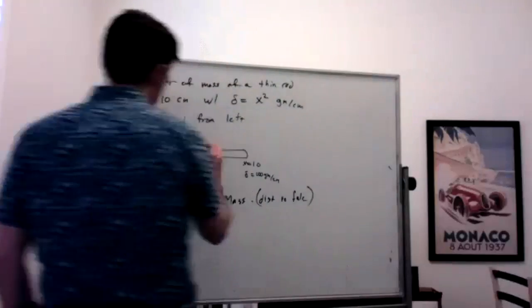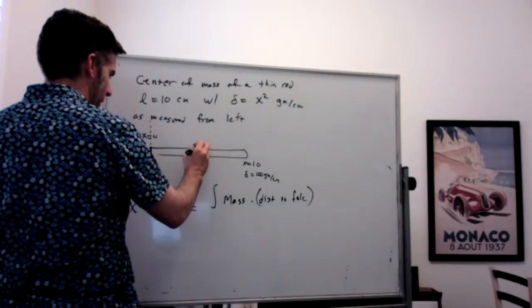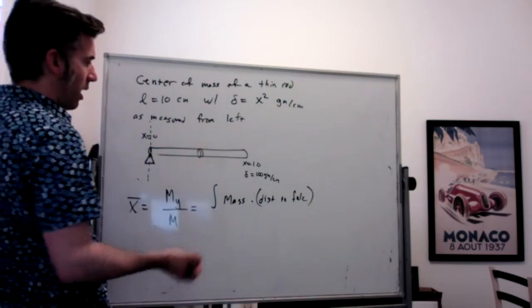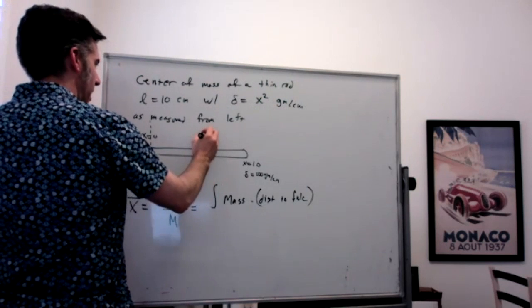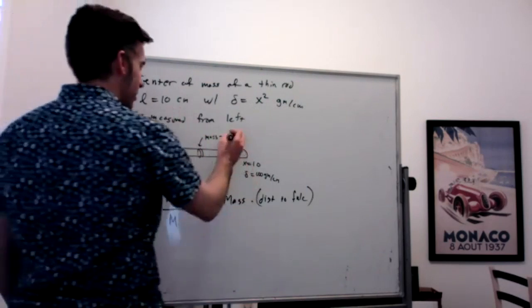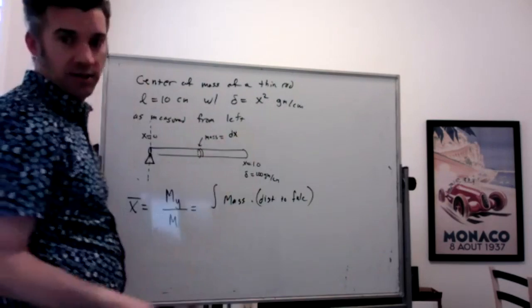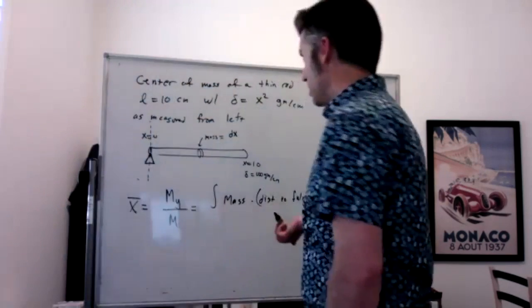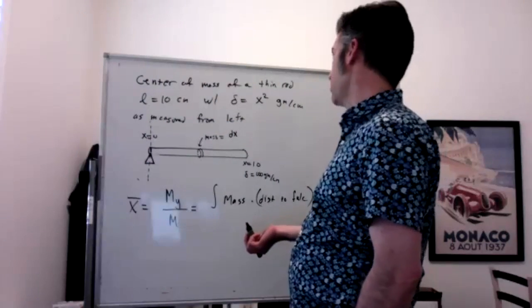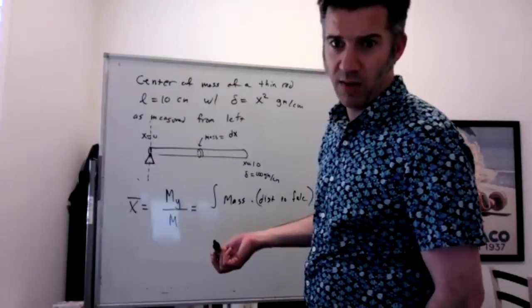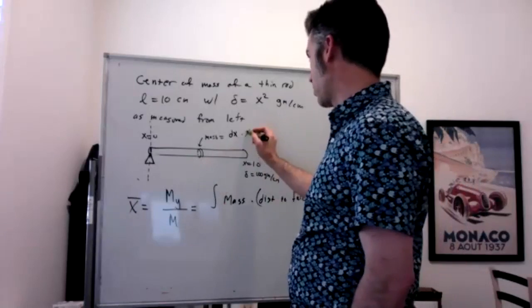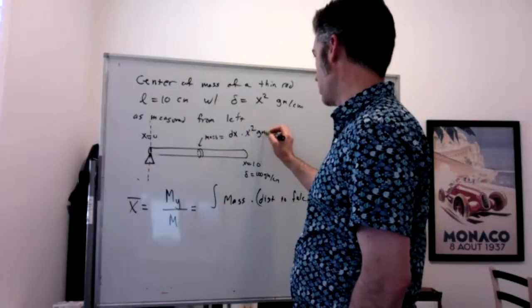So if we've got a small slice right here of your rod, that slice has a mass of the thickness of it, dx, times the density of it, which is just x squared grams per centimeter.